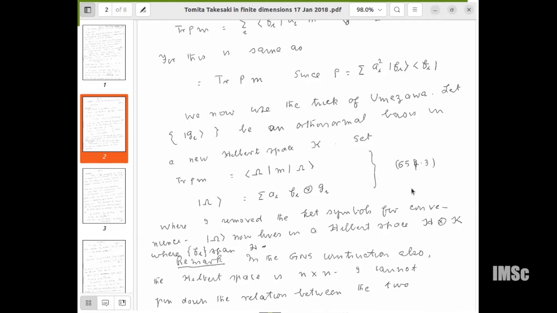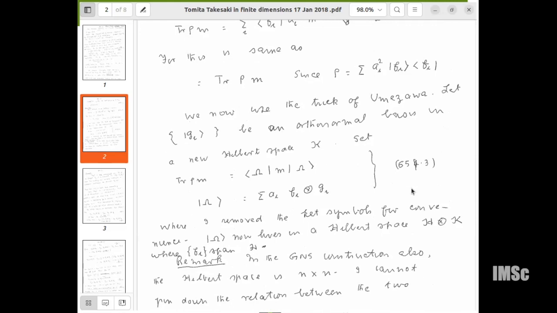This g_i is a basis for the dual vector space, okay? Any orthonormal basis. So there is an ambiguity in the choice of the g_i. I can change g_i by a unitary operator to any other g'_i. Okay?